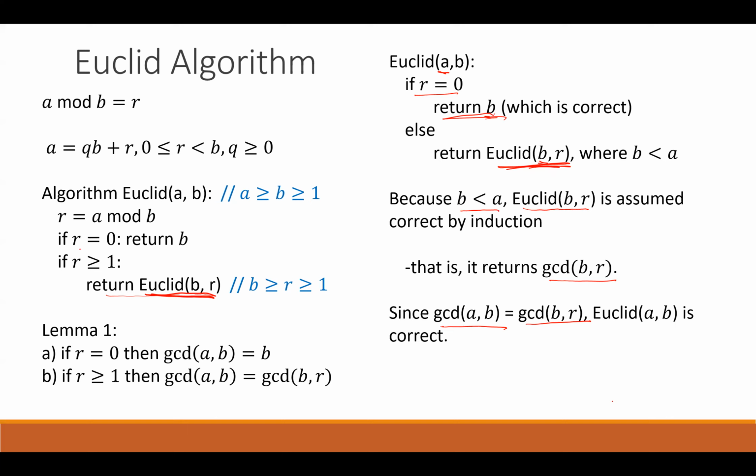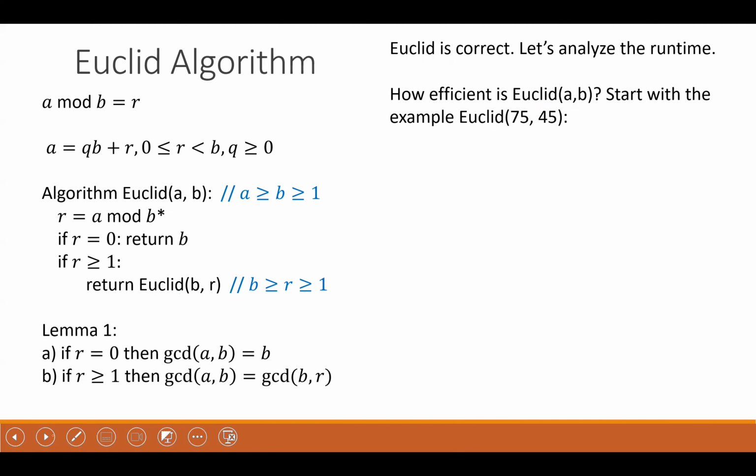Okay. How long does this take to execute? All right, we've got 15 minutes. So we've shown that it's true. Now we want to count significant operations. We're going to count this mod operation. Essentially, the number of mod operations is equal to the number of calls we make to Euclid, right? Every time we make a call, we execute this mod.